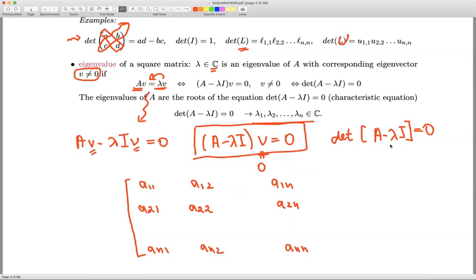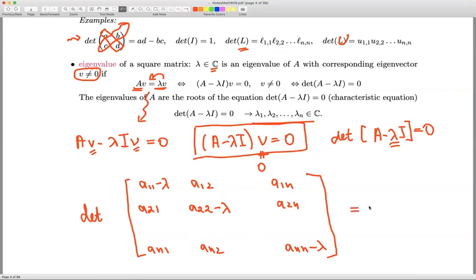And from this matrix, we subtract lambda times the identity matrix, which is the matrix that has lambdas on the main diagonal and zeros everywhere else. When we subtract two matrices, we subtract all the entries of the matrices, and therefore the matrix A minus lambda I will be this matrix, and we want the determinant of this matrix to be equal to 0.